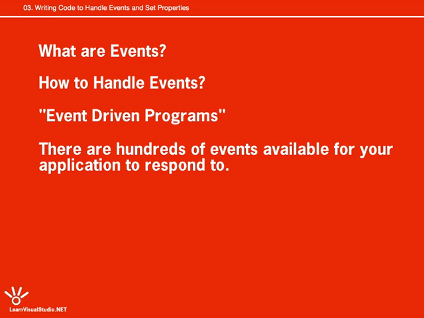Your users are just one source of events. Windows itself can send messages to your application like shut down or data coming from the internet to be processed. Other programs can trigger events in your application as well. And as I'll demonstrate in just a moment, there are literally hundreds of possible events that your application can react to.